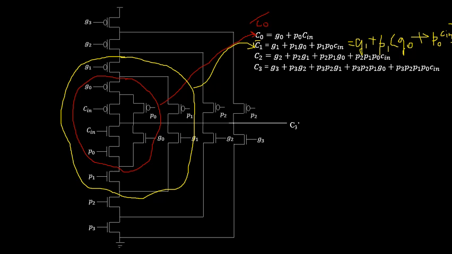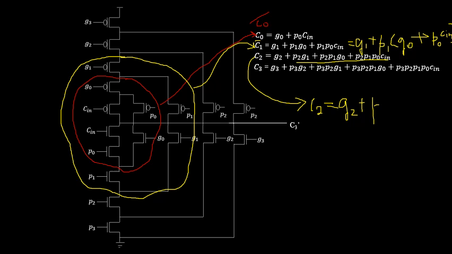Next I will be considering the output of C2, which is G2 plus P2 G1 plus, so I will just expand the expression over here. So C2 can be further written as G2, which I will write as it is, plus, in these three terms we have P2 in common.